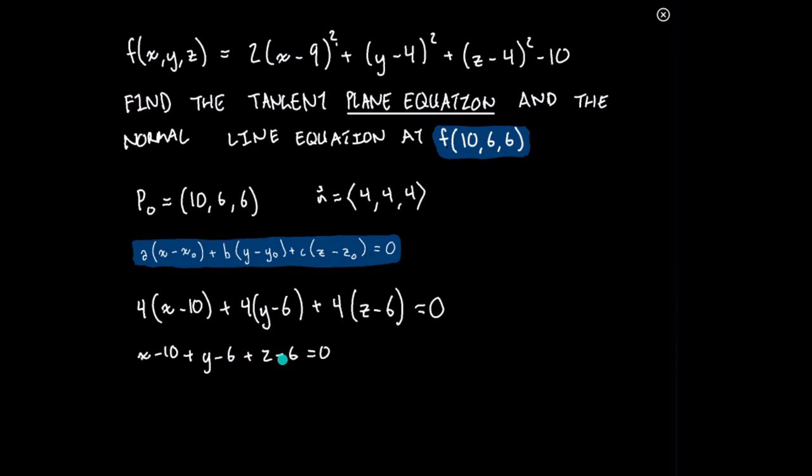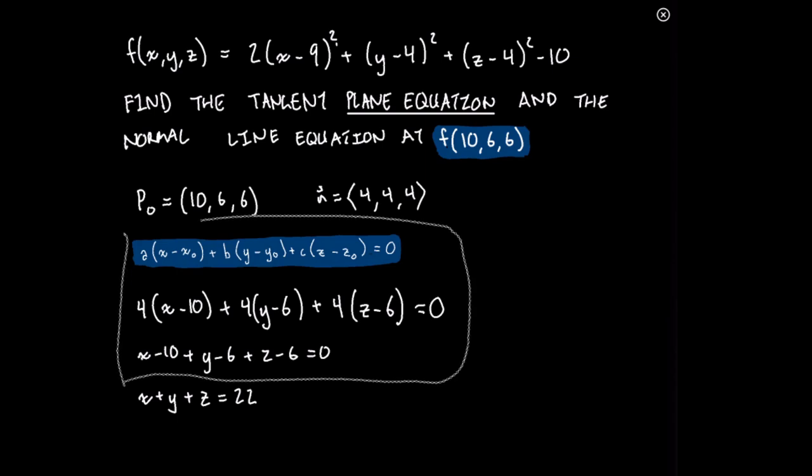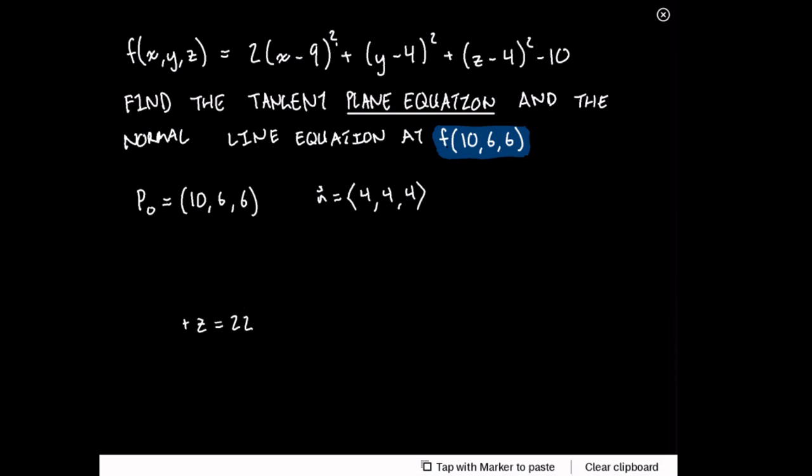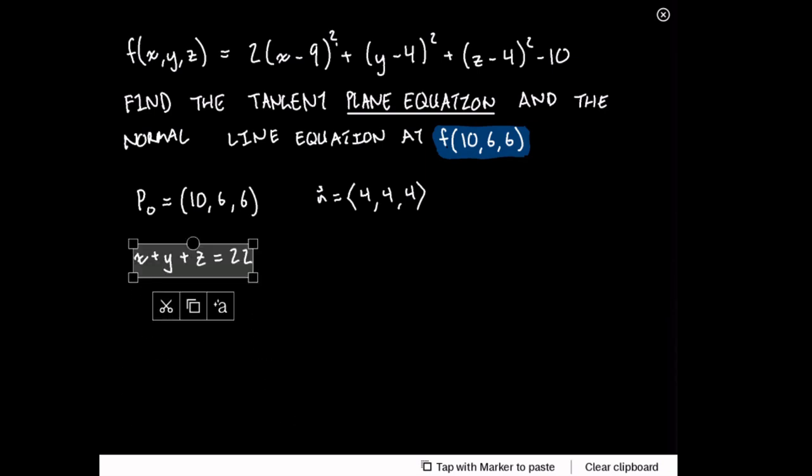And if we bring all of these constants over to the other side, then we have x plus y plus z is equal to 22. Yeah, 22. All right. So everything simplified, and we have our tangent plane equation.